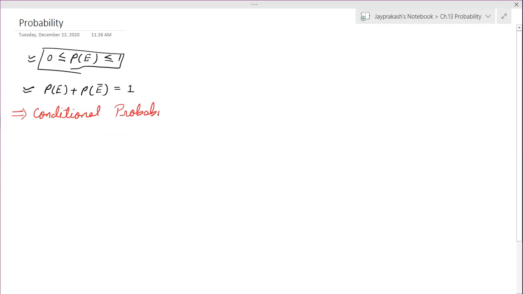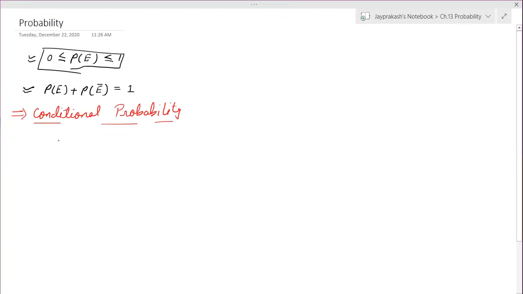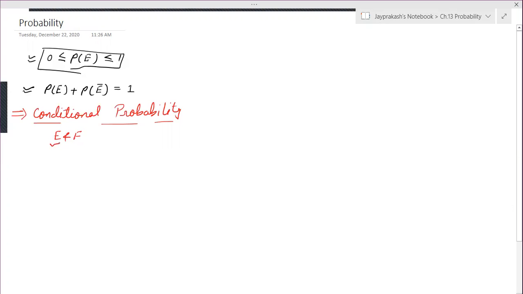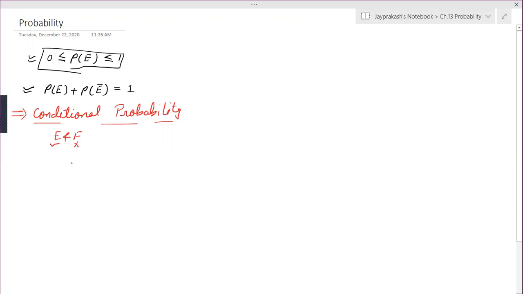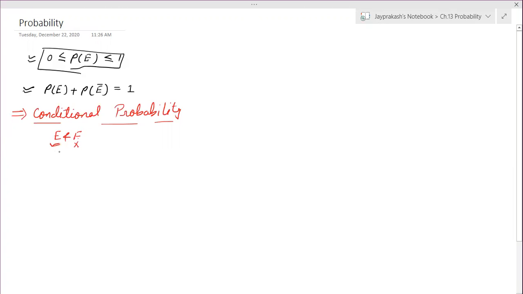In conditional probability, we are given two events. E and F will be two events. At the time E is happening, F is not happening. Means we have to find E when F is given, and find F when E is given.